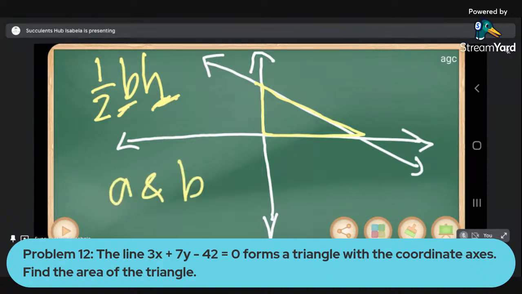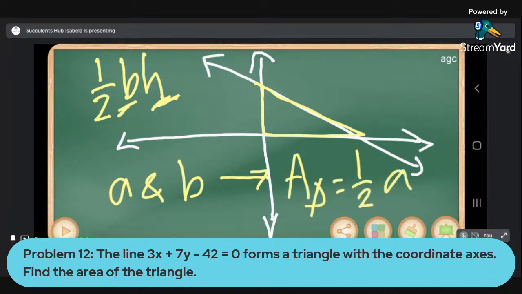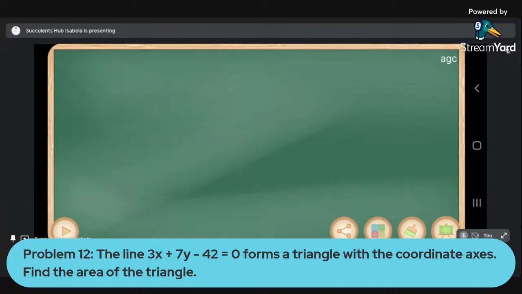Parang giveaway na yan. So the area of the triangle is equal to 1/2 AB, where A here is the x-intercept, B is the y-intercept. Parang given na yan, ano? So that's how you solve problem number 12. Okay? So that should be easy.